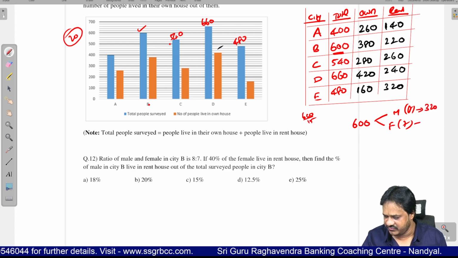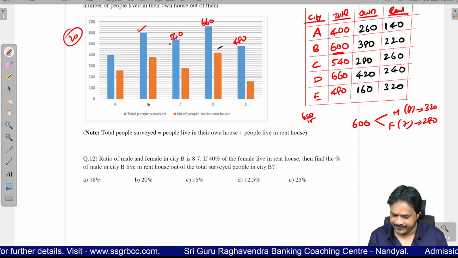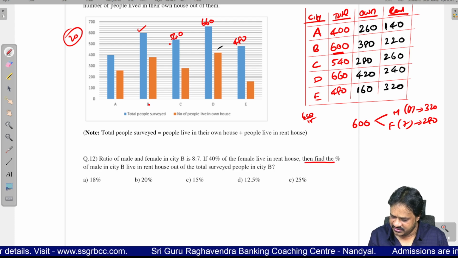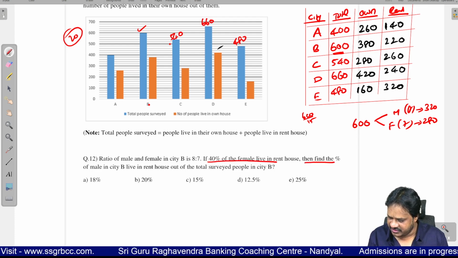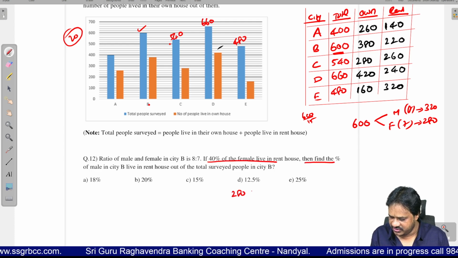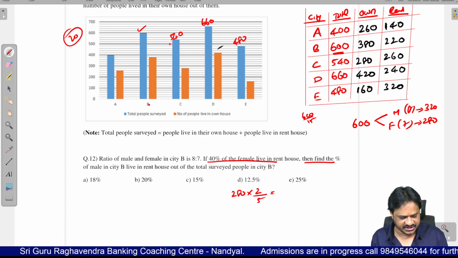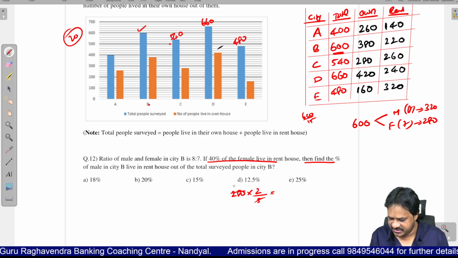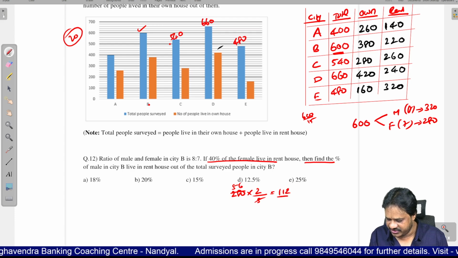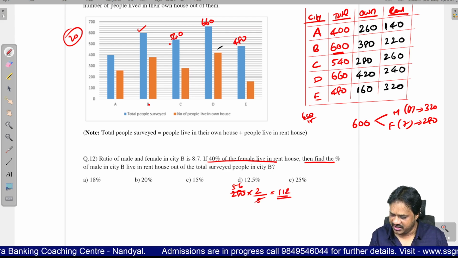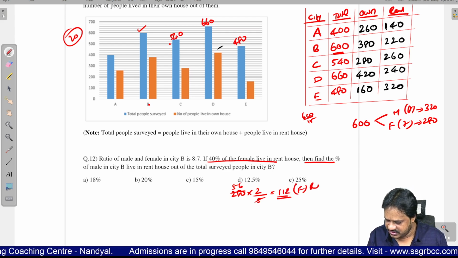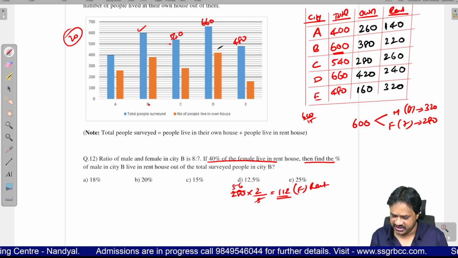So 320, 280. Then find if 40% of the female. So how many female are there? 280. In this 40% means 5 fives are 25... 112 females are living in the rented house.